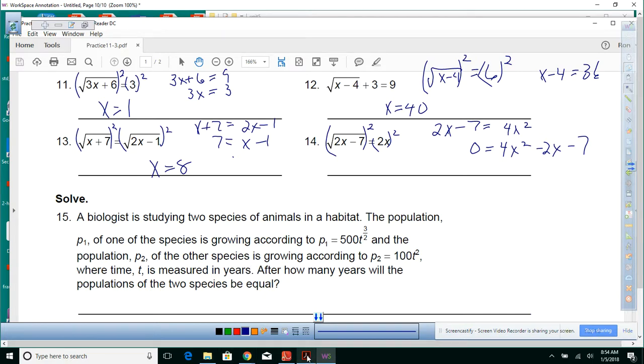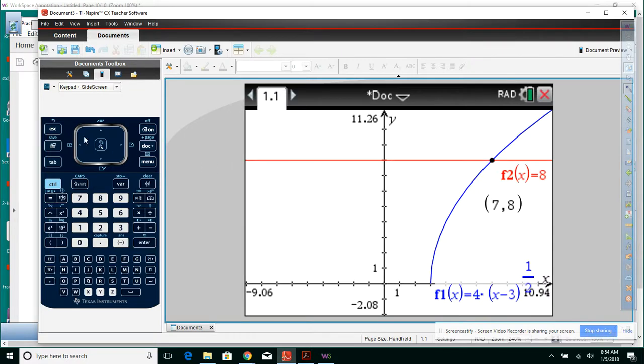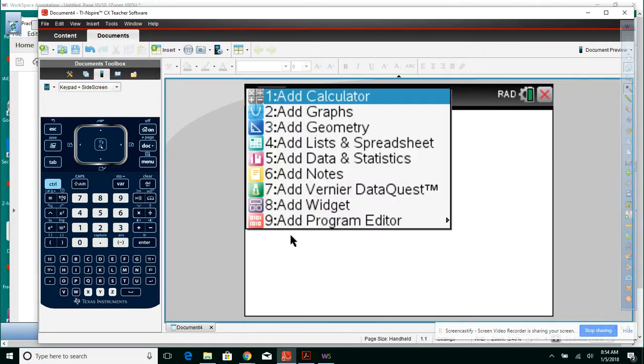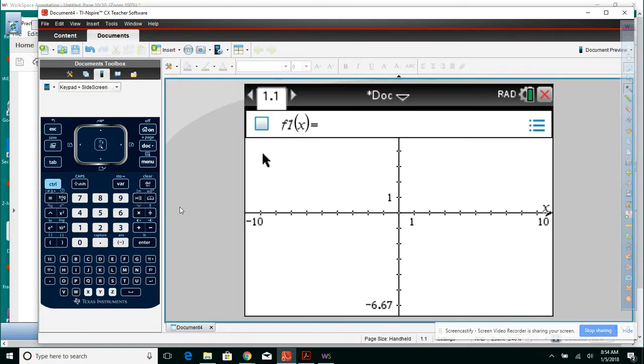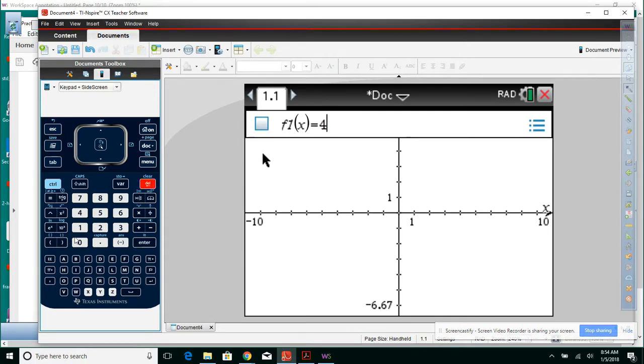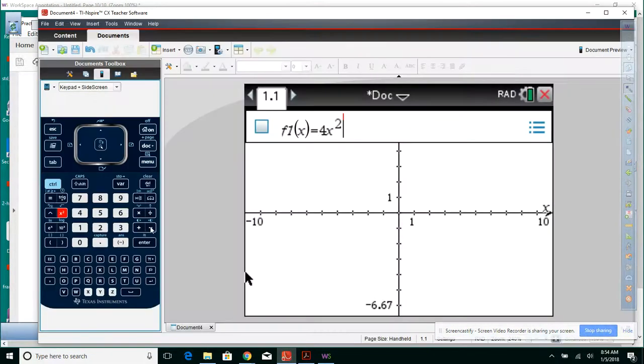Let's go in here and graph it. So let's see, on new document, graph. We got 4x squared, and then minus 2x, minus 7.